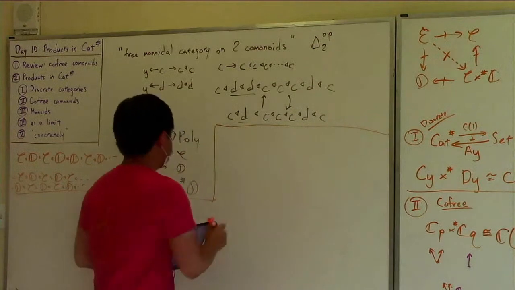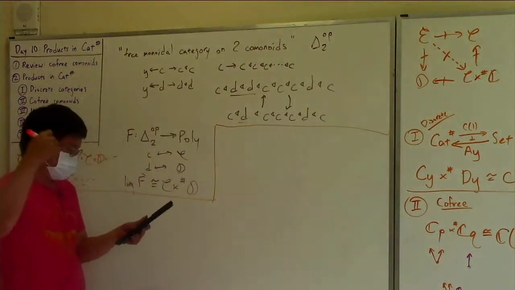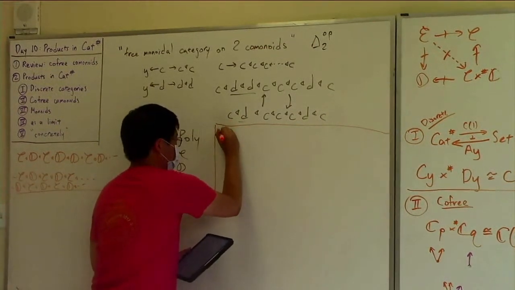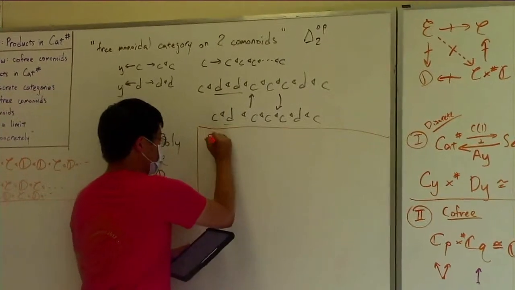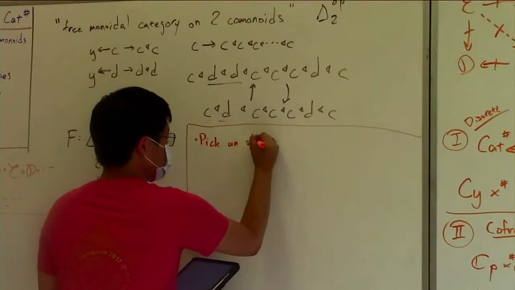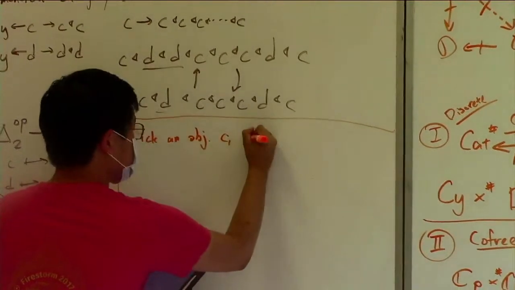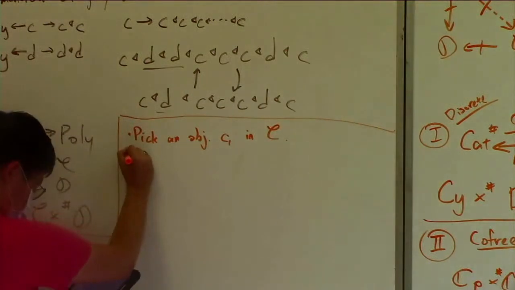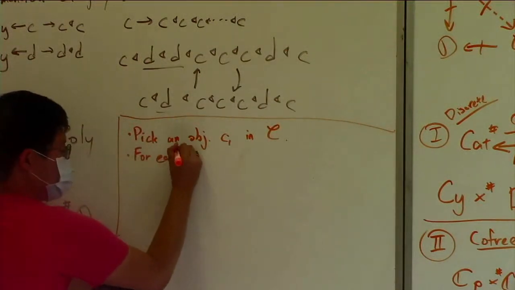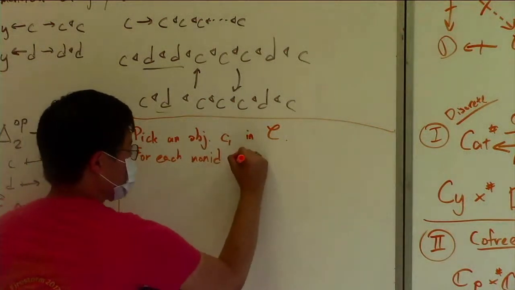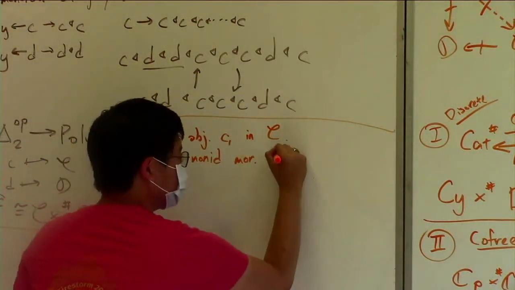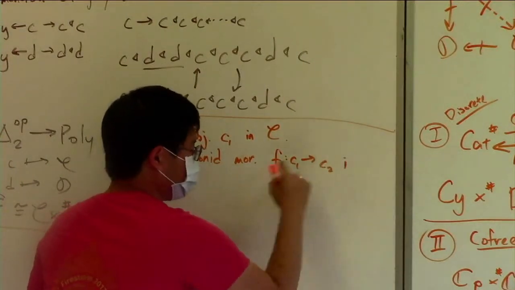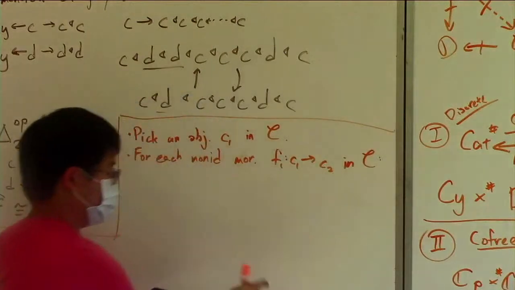I'm going to write down the instructions for specifying an object in this category. And the instructions are, we first pick an object C1 in the category C. Then for each non-identity morphism coming out of C1, I'm going to call that F1, and I'm going to call its codomain C2.